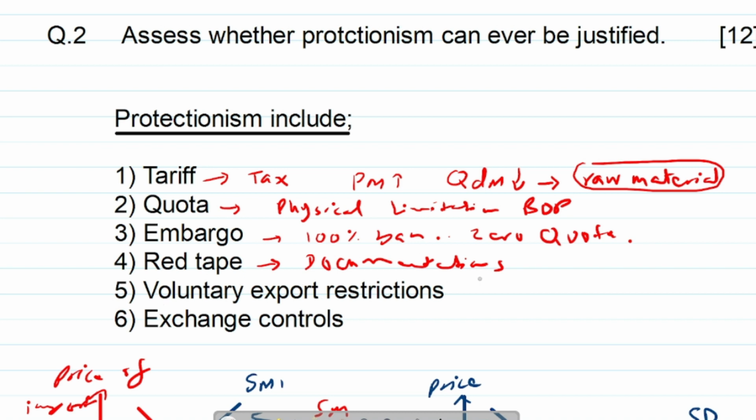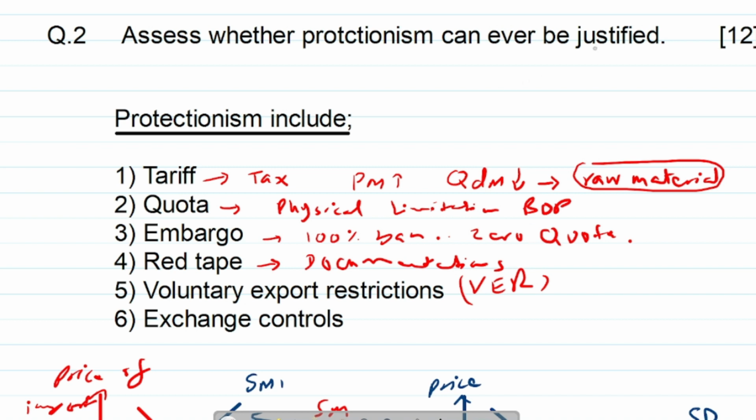Voluntary export restriction is another important thing that may happen to correct a deficit balance of payment and protect local young industry from international competition. Voluntary export restriction, also written as VER, is a restriction put by the exporting country on its own exporters to stop selling goods to a certain country.